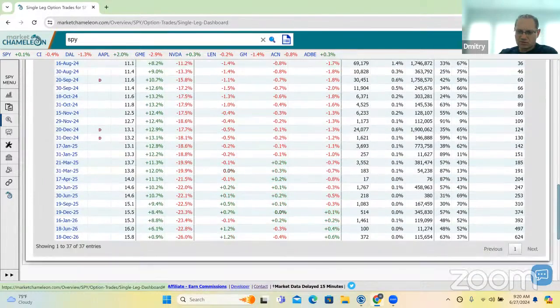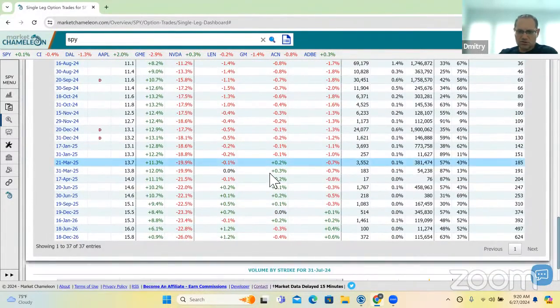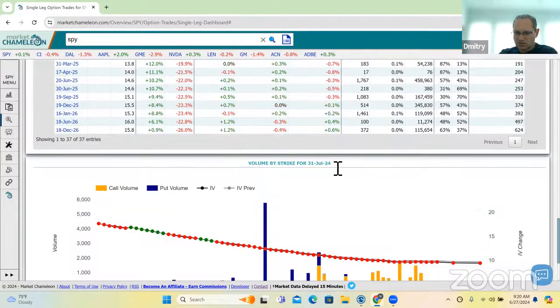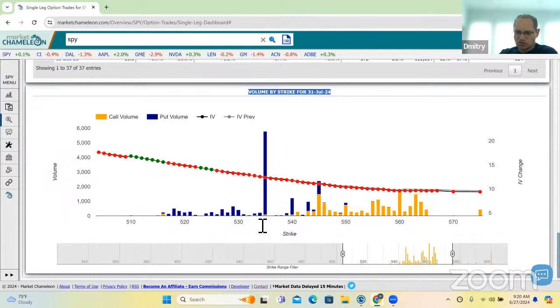let's see. Did I click on it? Yeah. July 31st, here it is, volume. We get this distribution. So here's the trading volume, centered around where the highest volume is, 535. Just like in the previous example, we have a distribution of the volume, but this time it's by the strike.